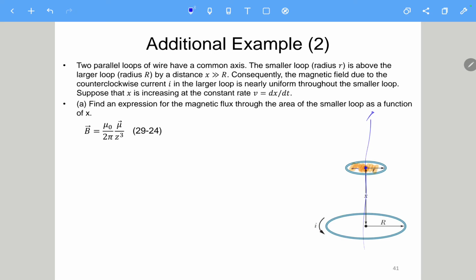So here it says, suppose that x is increasing, which means that this loop is moving up at a constant rate, v equals dx/dt. Then find the expression of magnetic flux through the area of the small loop as a function of x. In the previous chapter, we know the B field generated by this loop on this axis.